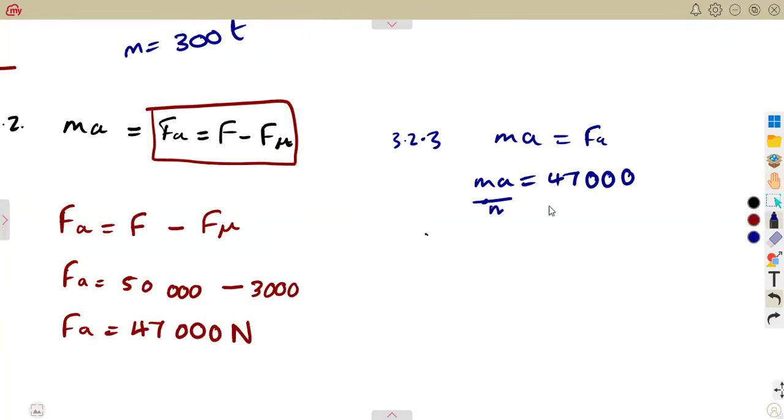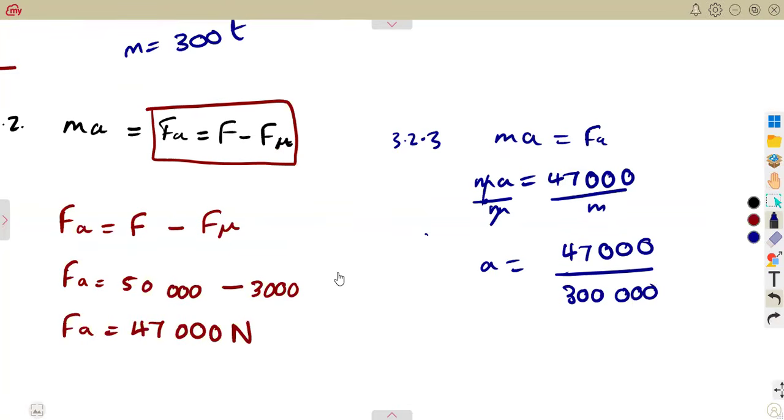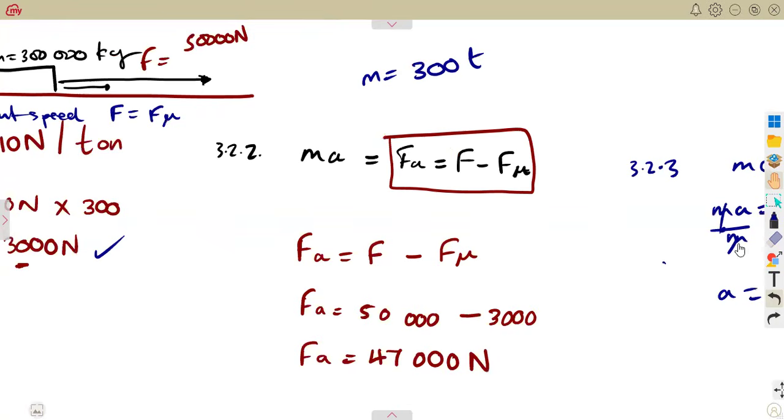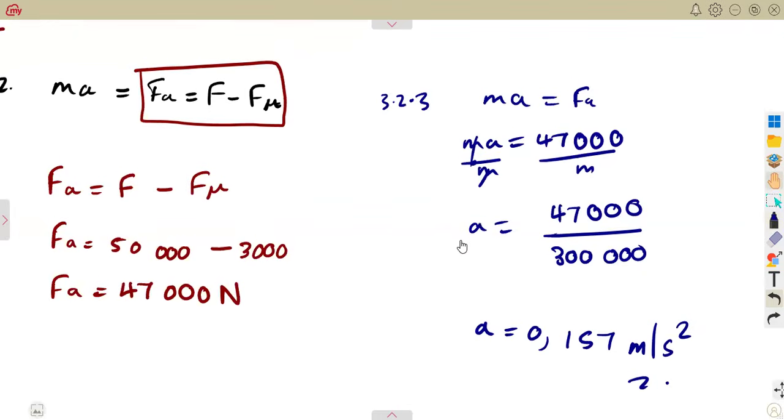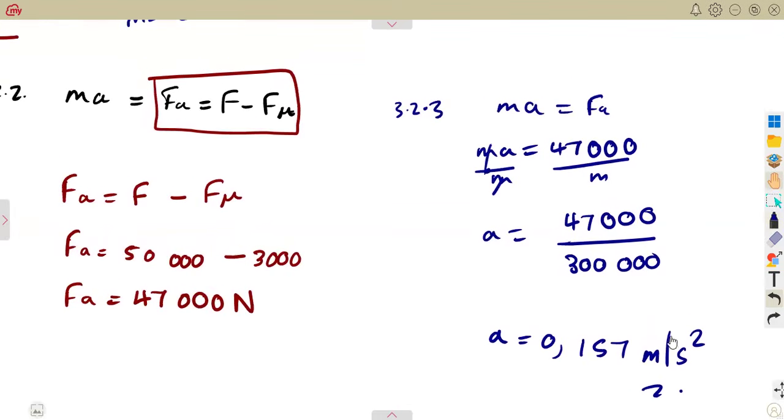We're just going to divide by the mass to obtain acceleration. So that's 47,000 divided by the mass, 300,000 kilograms. That gives us an acceleration of 0.157 meters per second squared. Remember, this is acceleration, so you must work with the units meters per second squared.